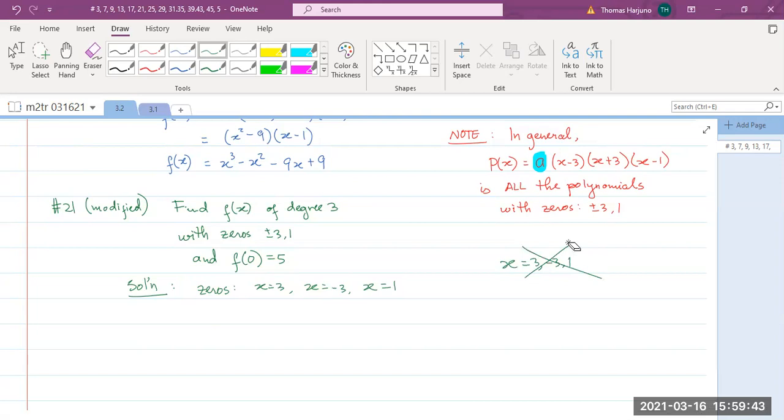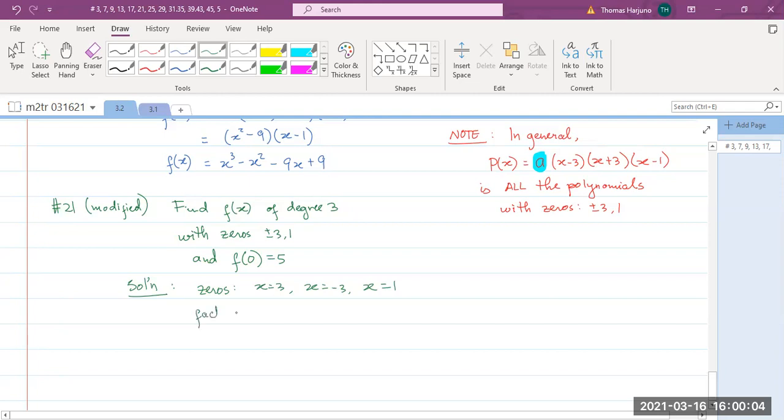That laziness of writing it in imprecise notation is the one preventing you from going forward precisely. You're supposed to write the zeros this way. Just spell it out. x equals what, x equals what, x equals what. Now then, from there you get the factors: x minus 3, x plus 3, x minus 1.